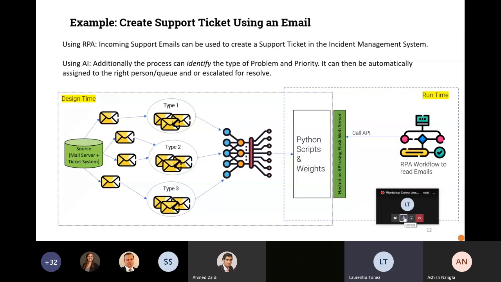Or you may even do a translating service on the email. Then it gets fed to the model, and you get a classification if it goes to financing or whatever groups you have for support. And this way, the robot can go in and open a support ticket, raise alerts, assign to different groups, queues, and I think that's pretty much it.